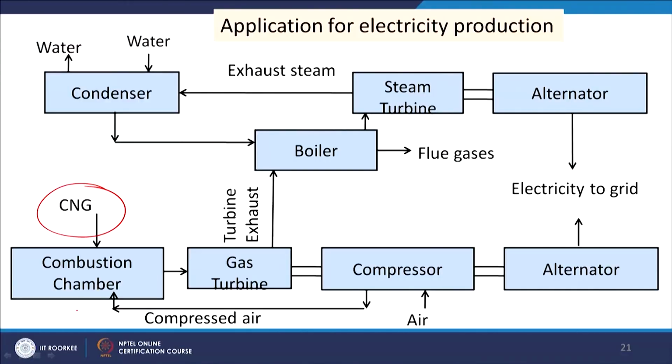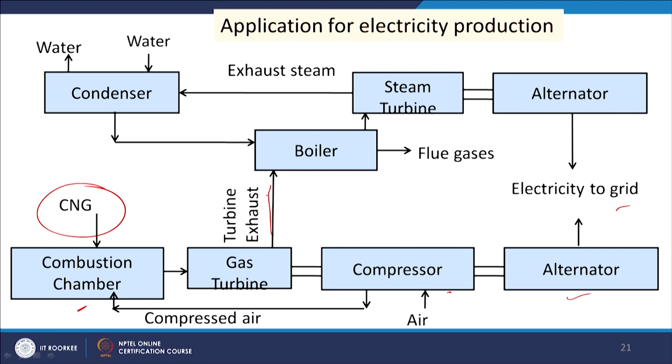This is the application for electricity production. As we discussed for coal, petroleum and other fuels, in a similar way gas can be used for electricity production through the combustion route. So, combustion, then flue gas, then turbine, and this goes to the alternator and we get electricity.